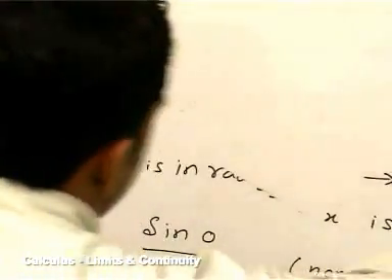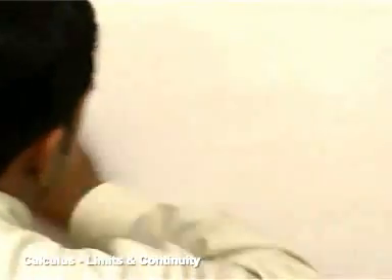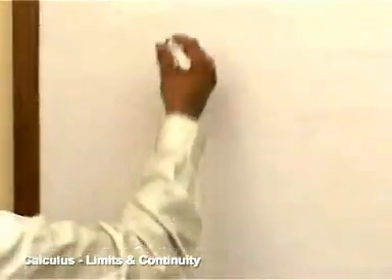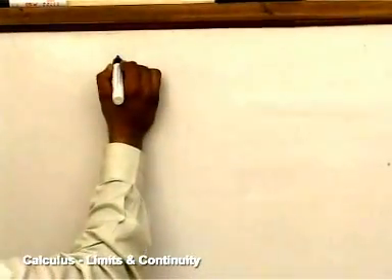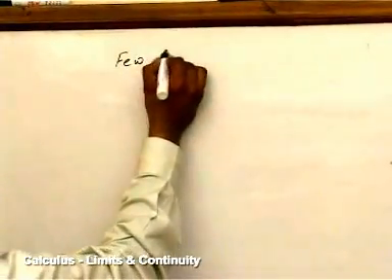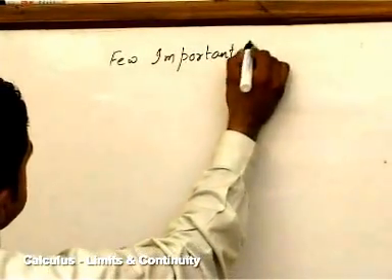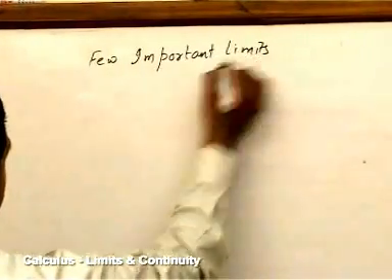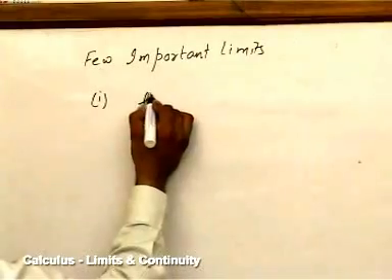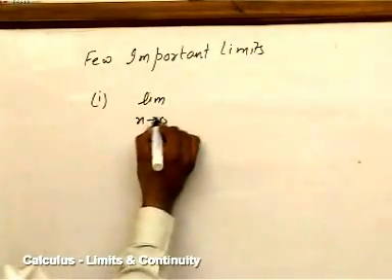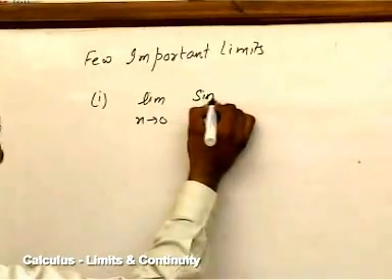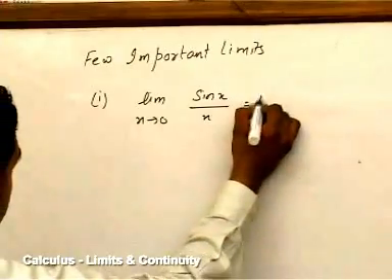So now we have certain limits to find out. Let us do them one by one with one example on each. The few important limits are these. First, limit x tending to 0, sin x by x is 1.